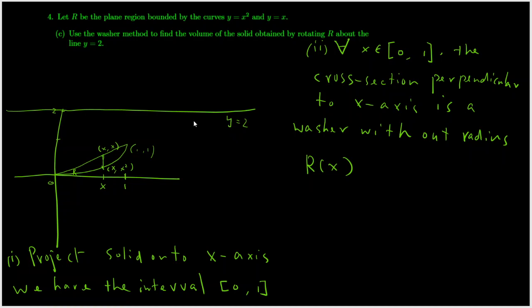I will tell you the meaning: the outer radius is this length. This length is 2, so that makes sense. What would be that length? That length is the outer radius.